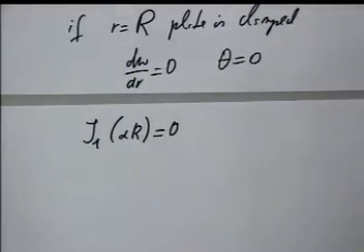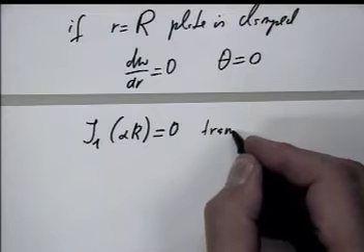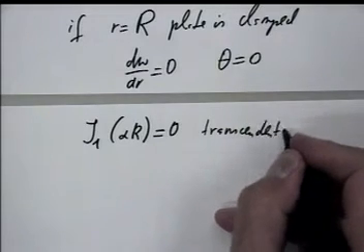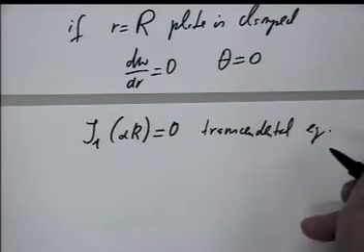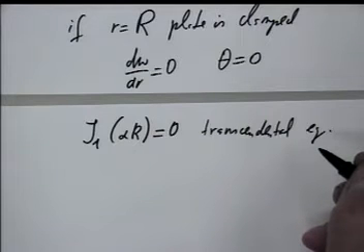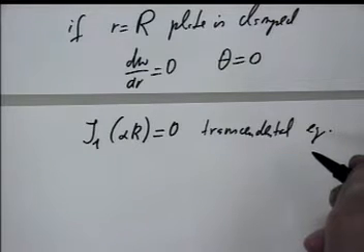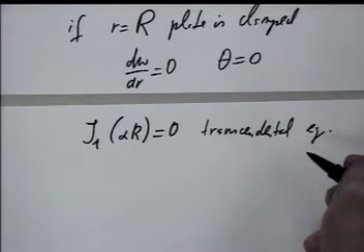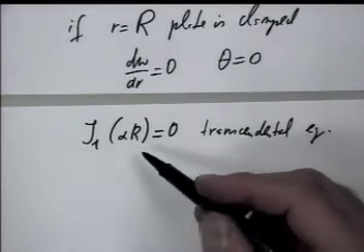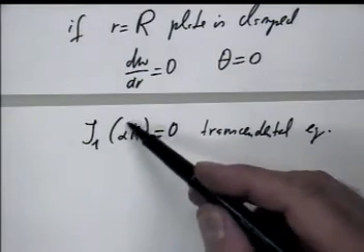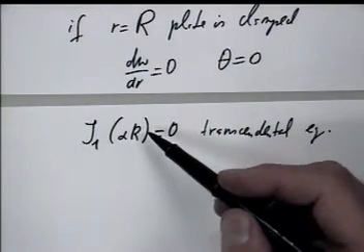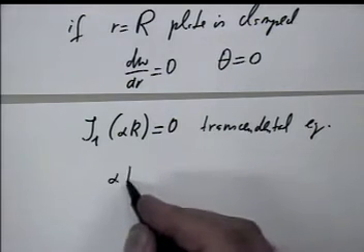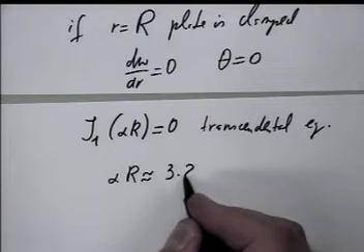That is a transcendental equation. If you remember, Mr. Endres also gave us tables of Bessel functions, of J0 and J1, etc. And in these tables, we can search at which point of the argument this J1 equals 0. It turns out that this alpha R is approximately 3.832.